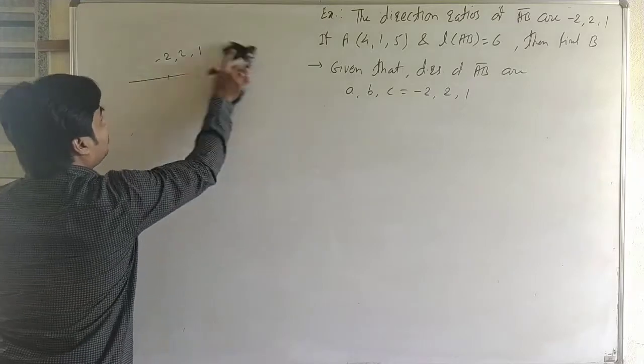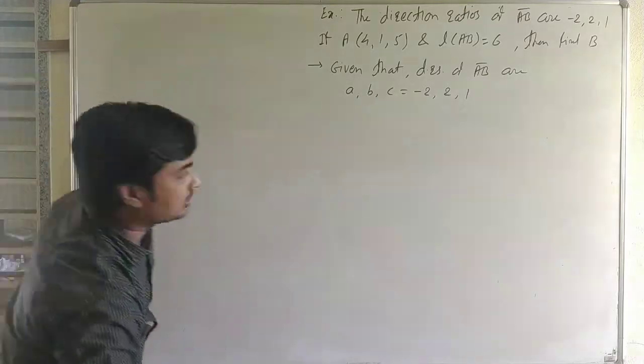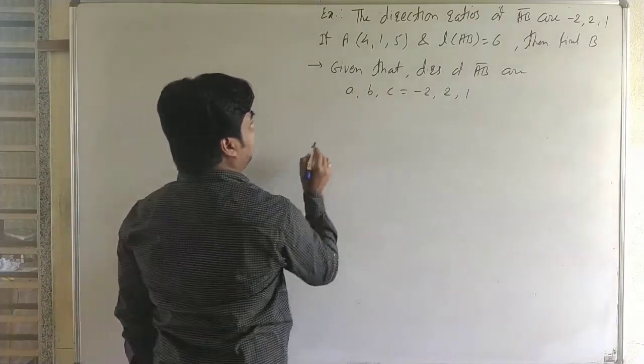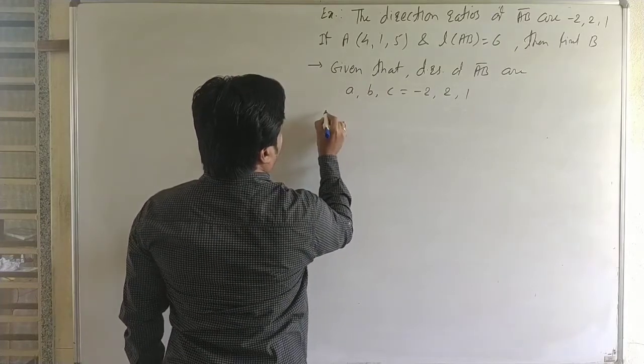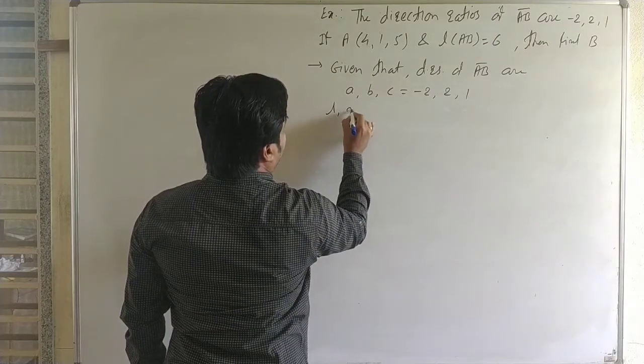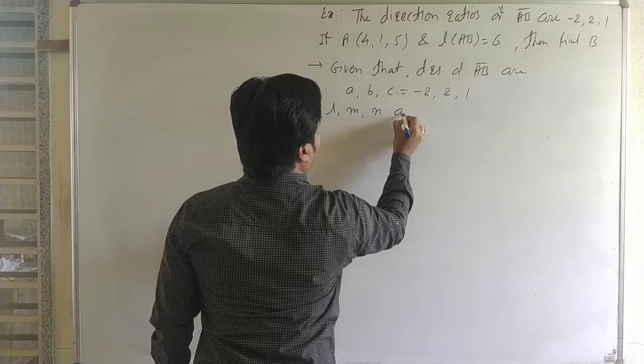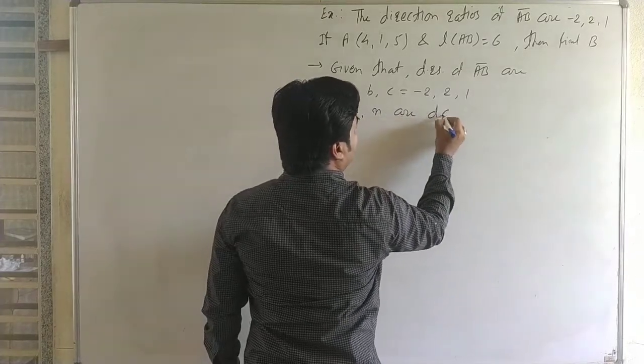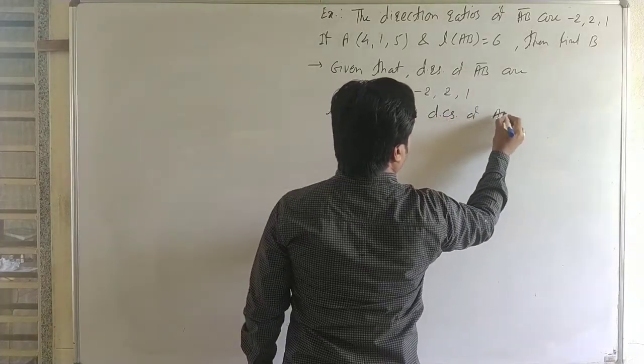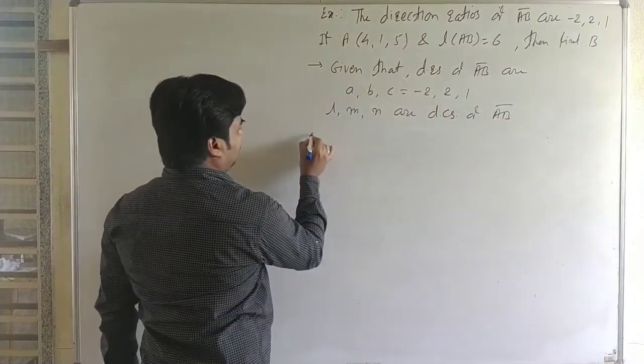Now first we find the direction cosines of vector AB. Therefore L, M and N are the direction cosines of vector AB.